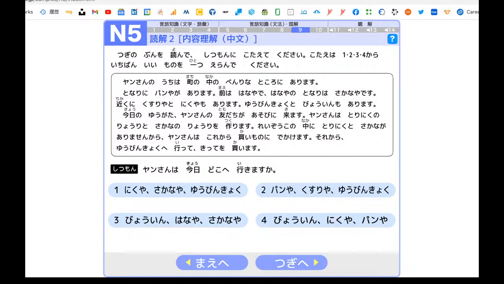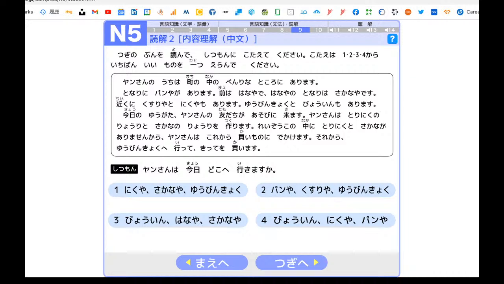Okay, let's take a closer look about the text. ヤンさんの家は町の中の便利なところにあります。隣にパン屋があります。前は花屋で花屋の隣は魚屋です。近くに薬と肉屋もあります。郵便局と病院もあります。So do you realize that these first three sentences just mention about the location where those places are?